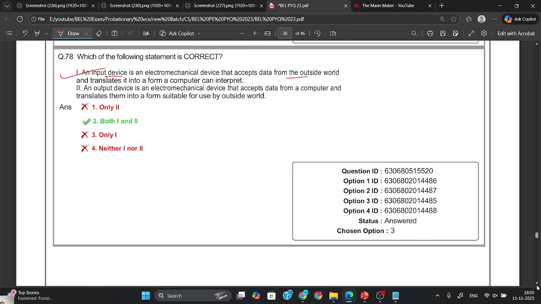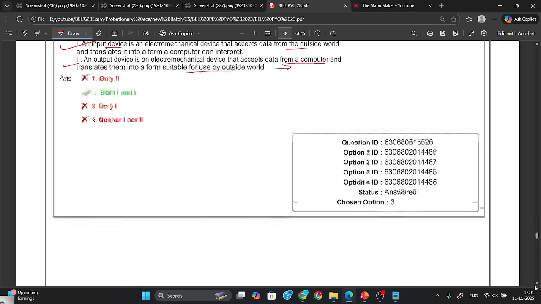So this is correct only. An output device is an electronic device that expects data from a computer and translates it into a form suitable for the outside world. Correct. This output device is also correct, which will give a result or produce output for an outside user, like a printer and all these things. So both 1 and 2 are correct.